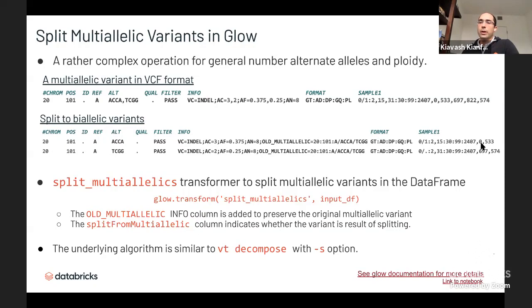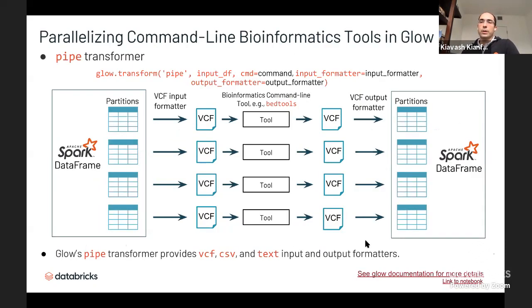They are split correctly between the two. So this complex operation is done, and you can do it at scale. And I will wrap up the presentation by talking about the cool pipe transformer that we have in GLOW.